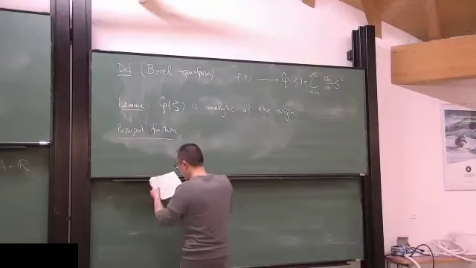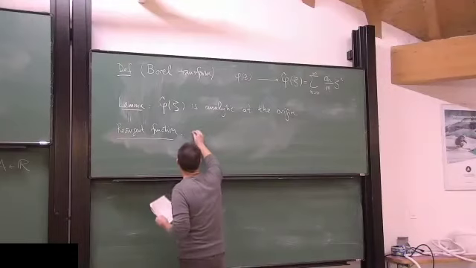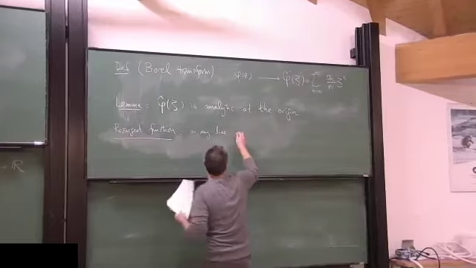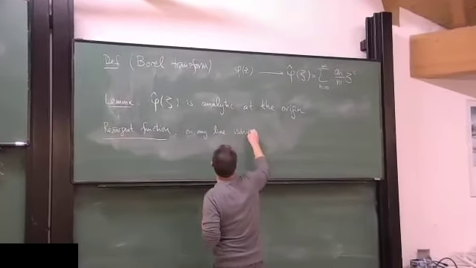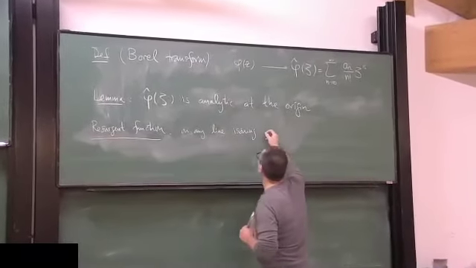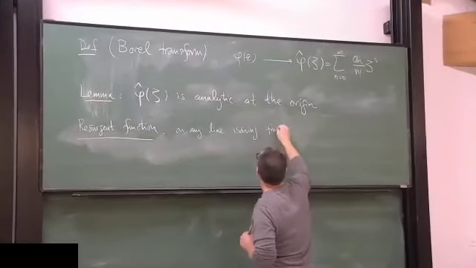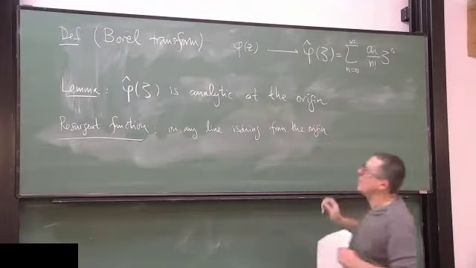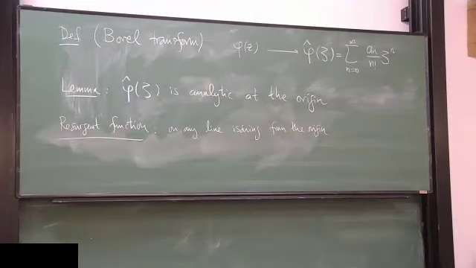So the idea of a resurgent function is that on any line issued from the origin, this is the definition that you find sometimes. A line or a ray? Not a ray.